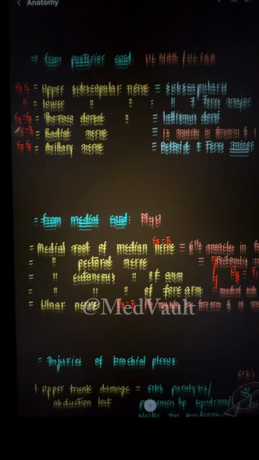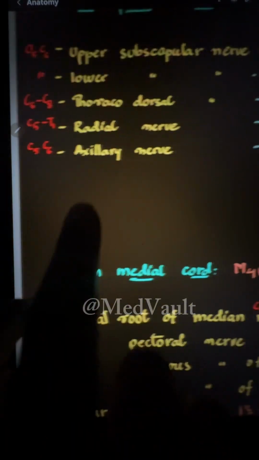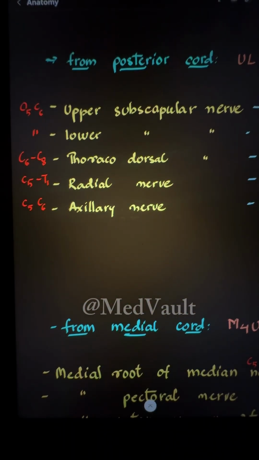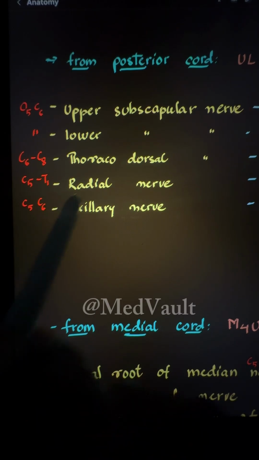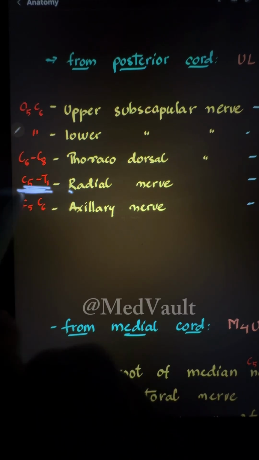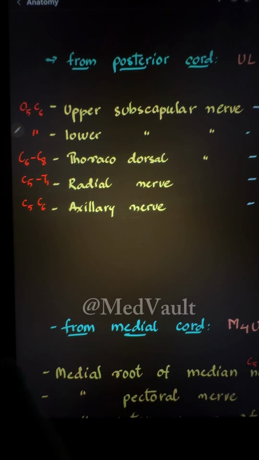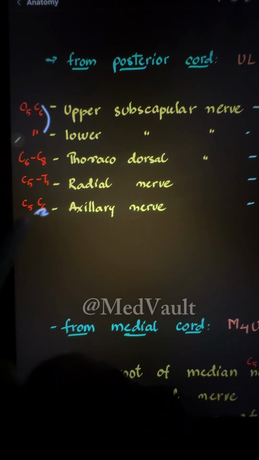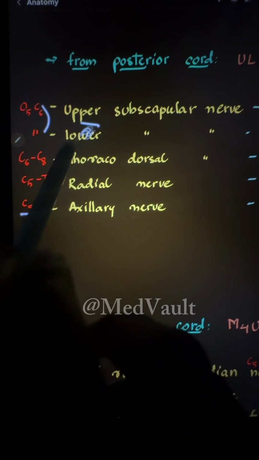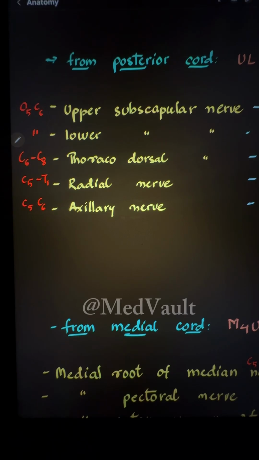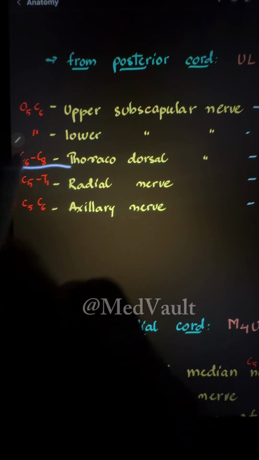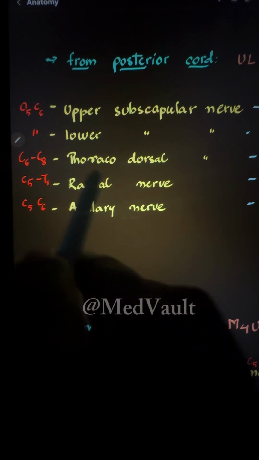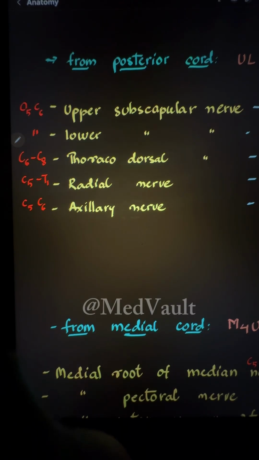Whereas from the posterior cord, the radial nerve is from C5 to T1. Remember this one. Then for C5, C6, we have 3: axillary nerve, upper subscapular nerve, lower subscapular nerve. The only different one is C6 to C8, which is the thoracodorsal nerve. I hope it is clear.